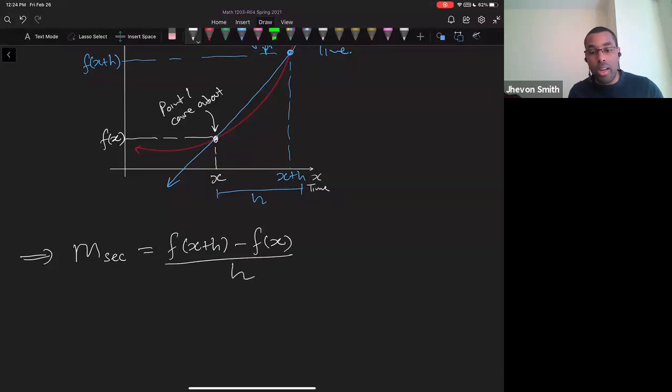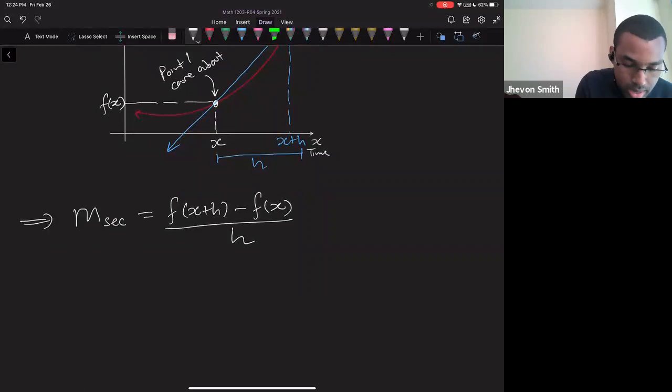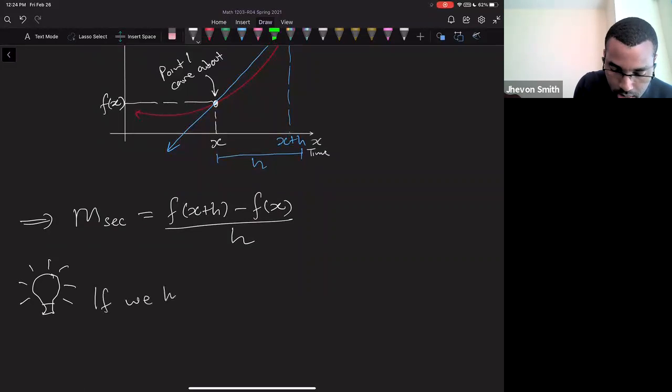That's our difference quotient. Now, here's the idea. Light bulb. If we make h get close to 0, the 2 points become 1.